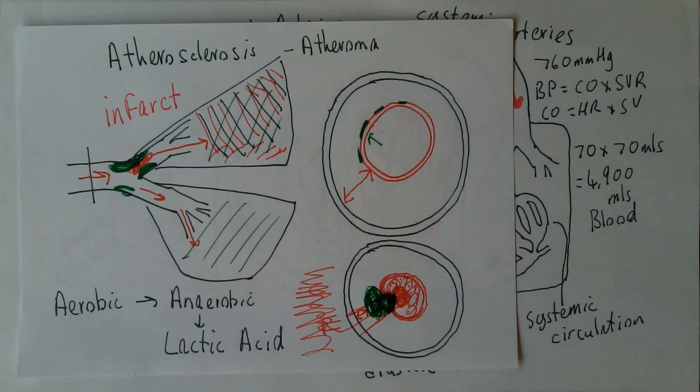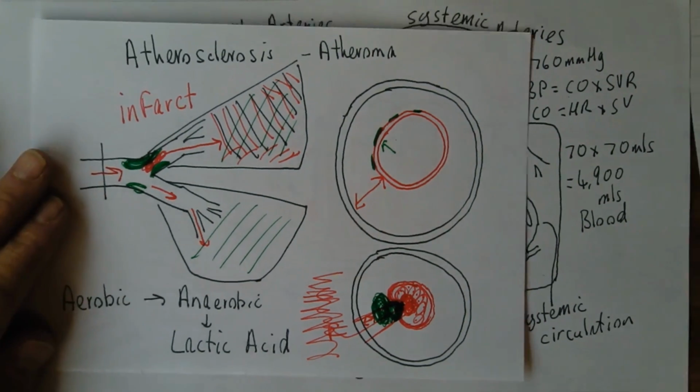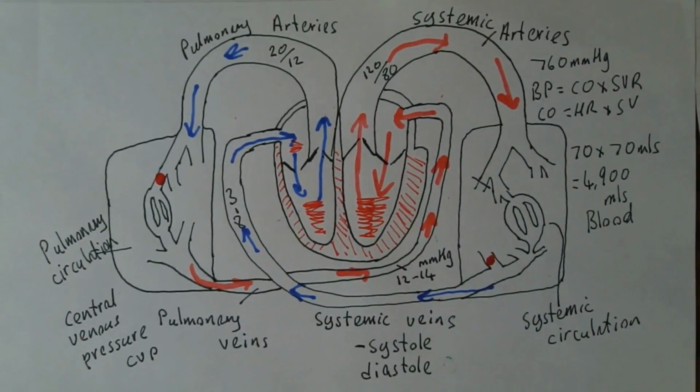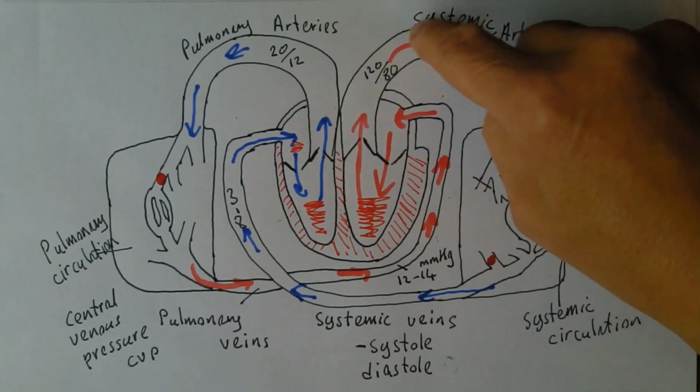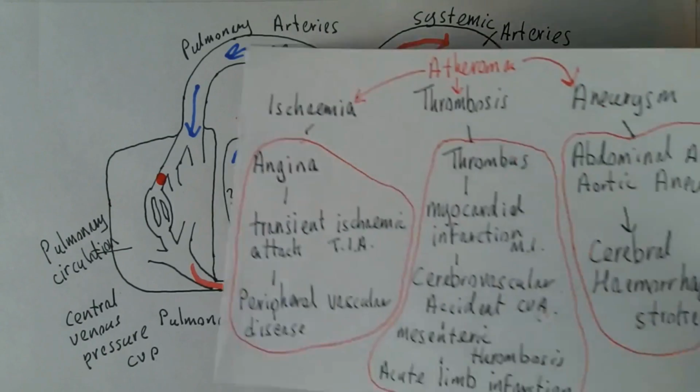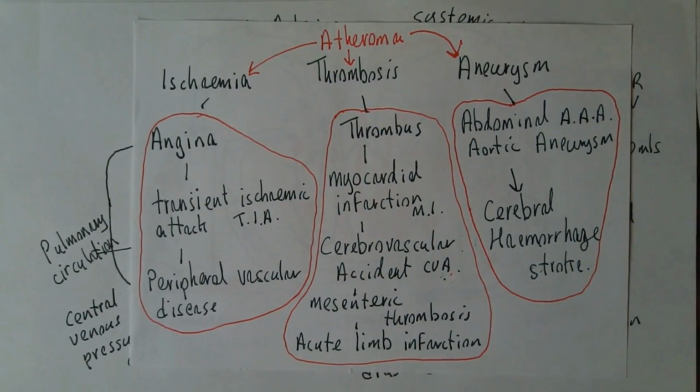There's an old saying in medical nursing circles that you're as fit as your arteries. And to some extent that's true, because if you've got good arteries, you're getting good blood supply to the tissues of the body. If you've got healthy systemic arteries, you won't get this list of very common conditions that we've just considered.